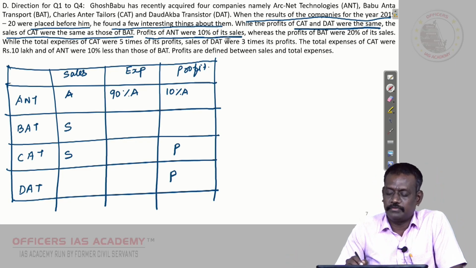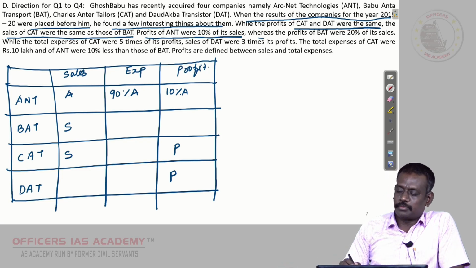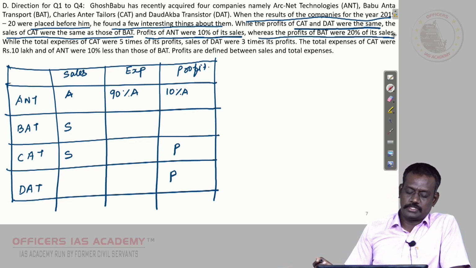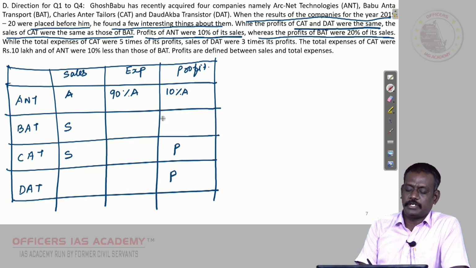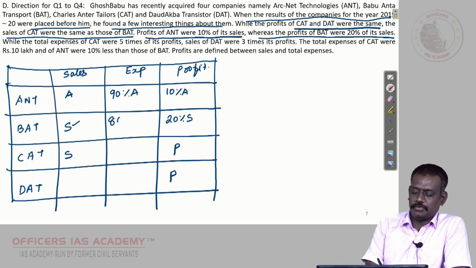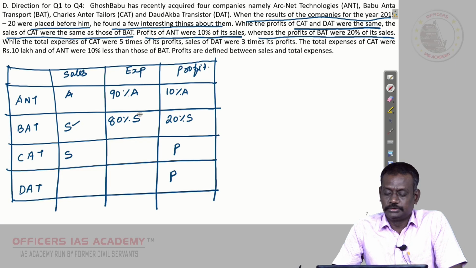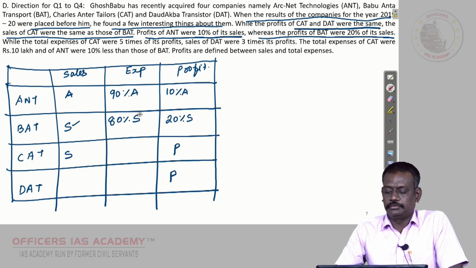The profits of Bat were 20% of its sales. You know the sales of Bat is S, so the profit will be 20% of S, and the expenses will be 80% of S. Okay, understood, children.